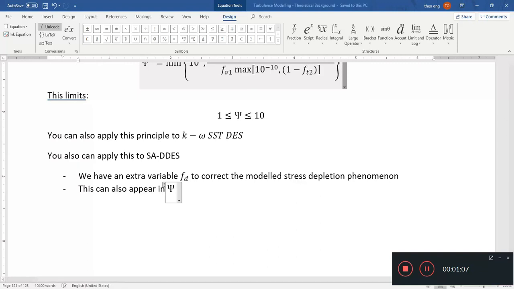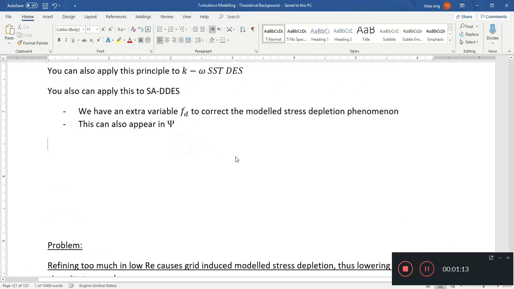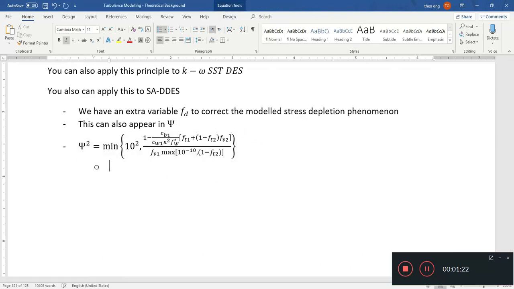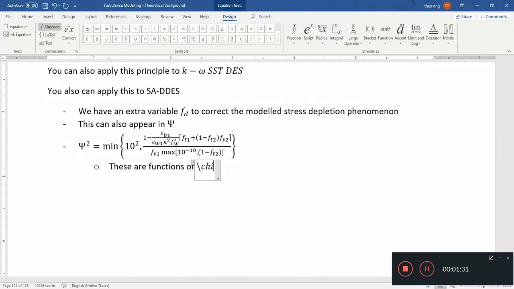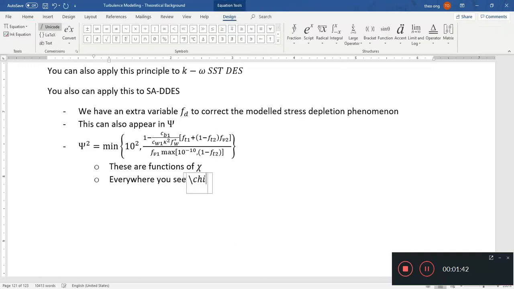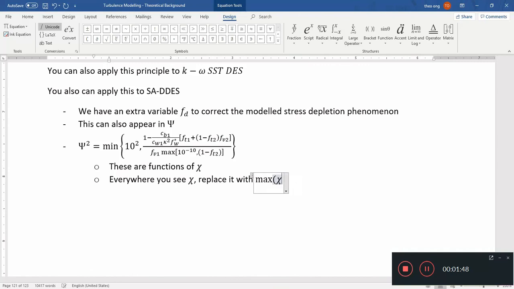How can it appear in psi? Remember, we have this psi square, and each of these is a function of chi. So for instance, the paper describes this: everywhere you see chi, replace it with max of chi and 20 fd.